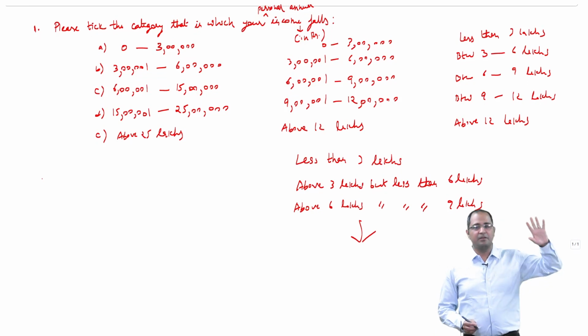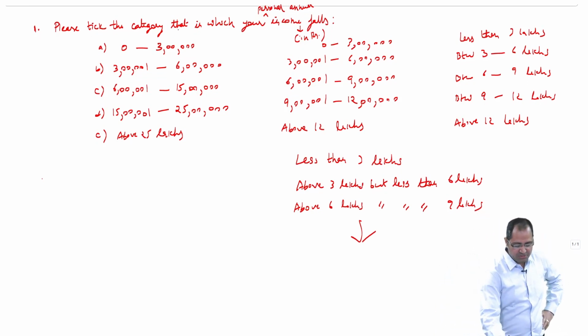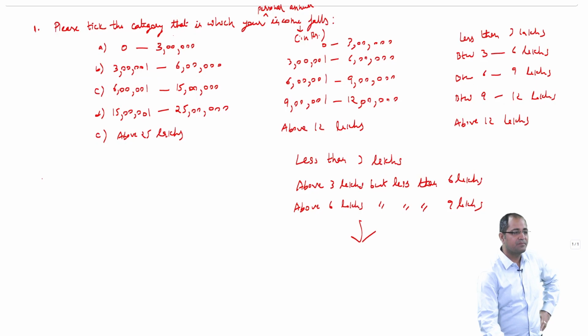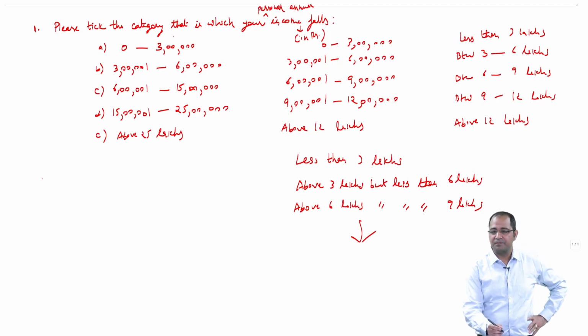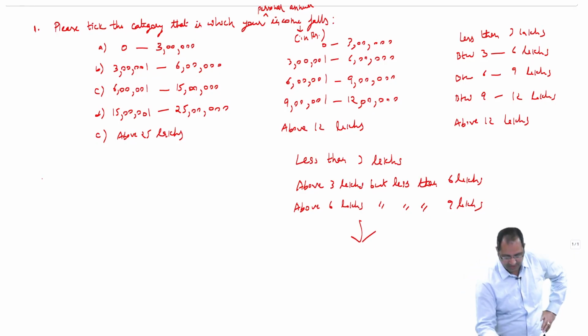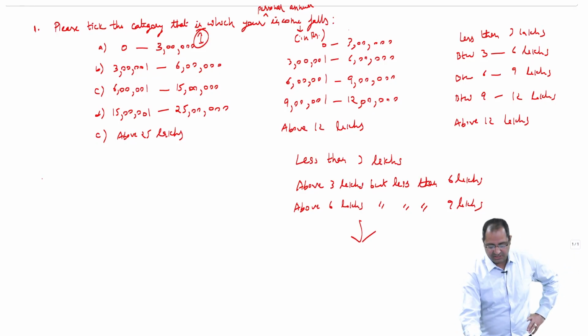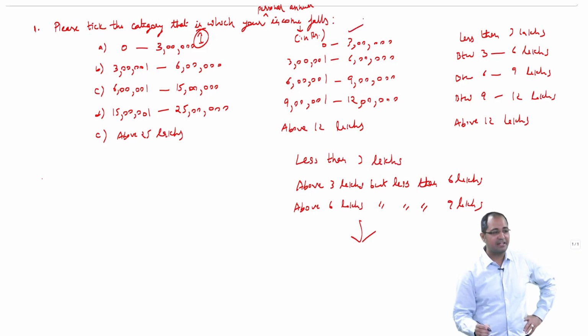So, who are the ones who say the first one is the best way? Raise your hands, please. Only one. How many say the second is the best way? Please raise your hands.